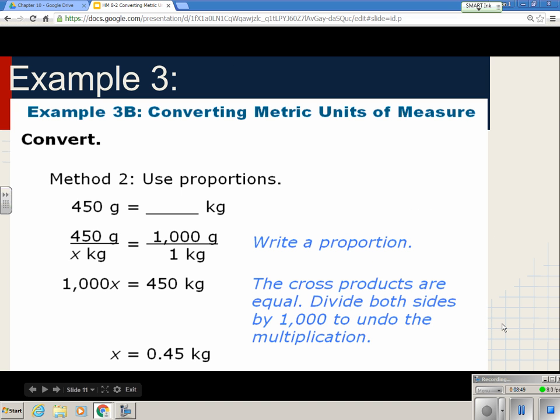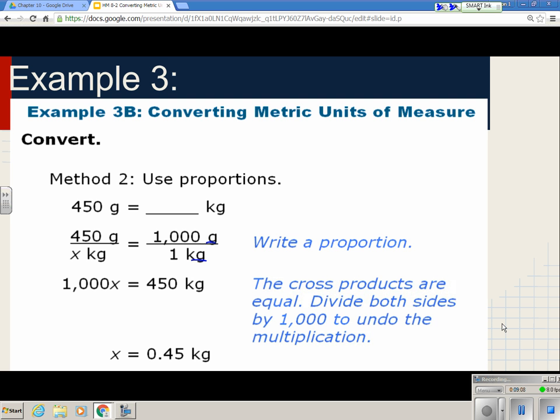And my favorite method that I use for almost all these conversions, whether it's customary from last unit or metric, is the proportion method, which is grams to kilograms. Now I know that every 1,000 grams equals 1 kilogram. That's my first ratio. When you add another ratio next to it, you make a proportion.